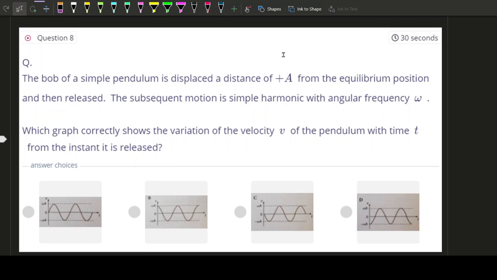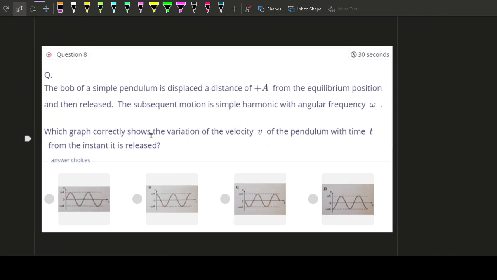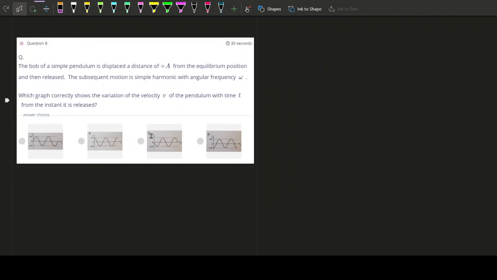It starts from the amplitude. Now the question asks, how will the velocity change with time? This is not displacement, it's asking how the velocity will change with time from the moment the pendulum is being released. Okay, so let's do a bit of drawing.